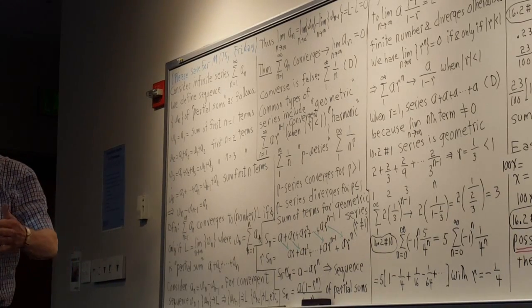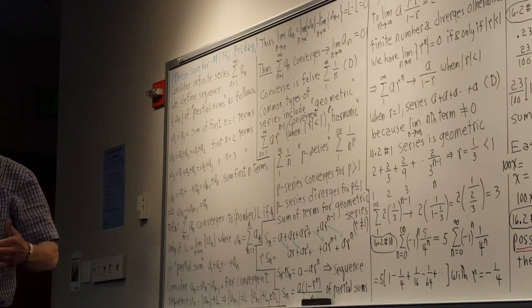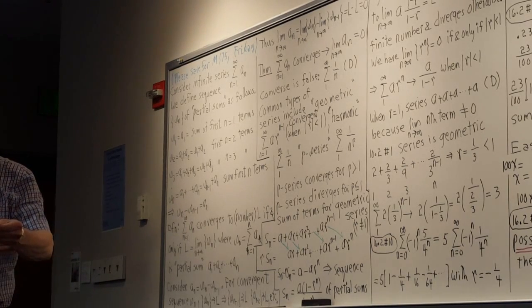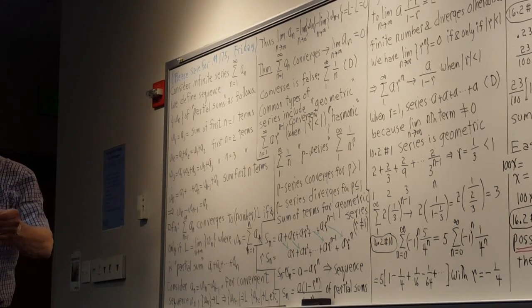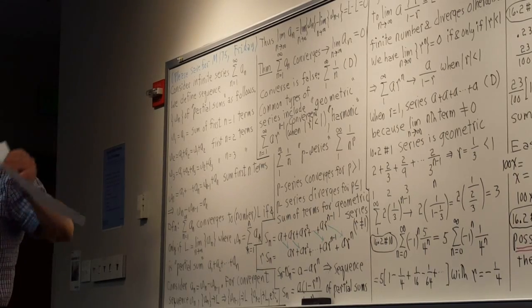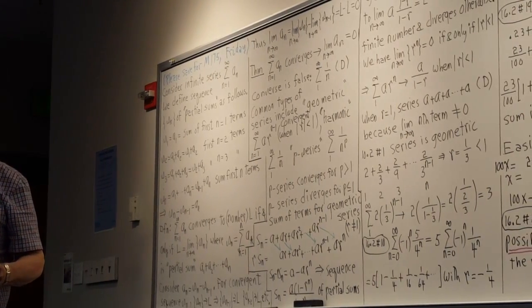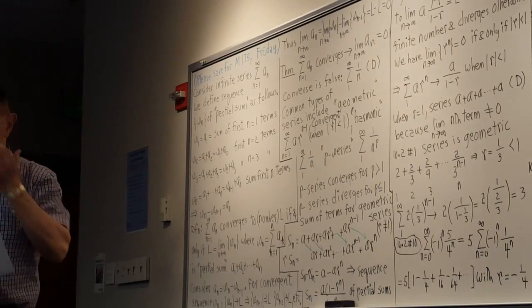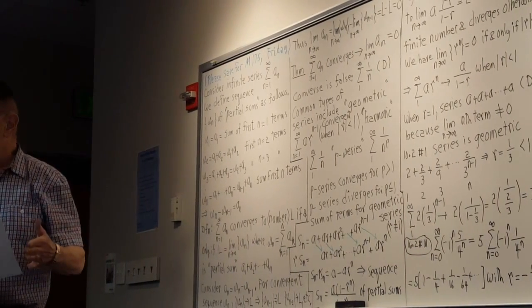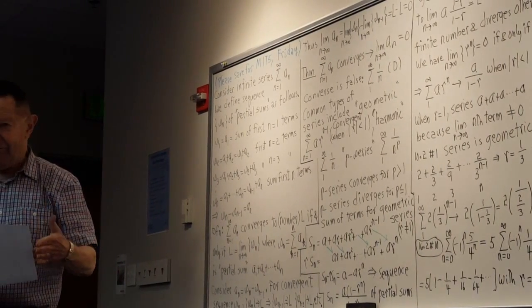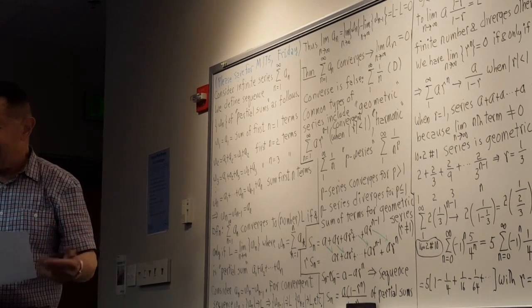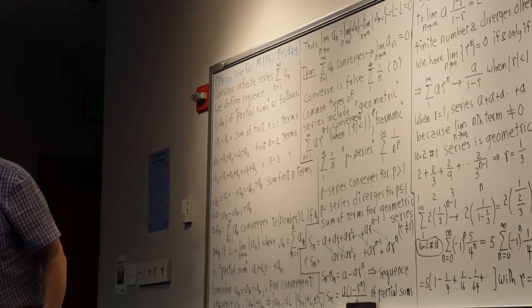But it isn't necessarily that after you've learned all of the tests, the comparison test, which comes next here, is the very first thing to try. It's harder to do, actually, than some of the others. So it isn't that they're in order of preference, I think. It's just how they did it.